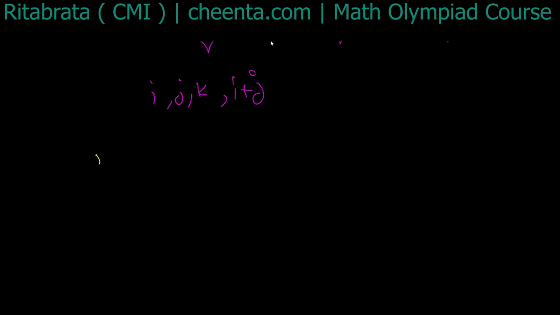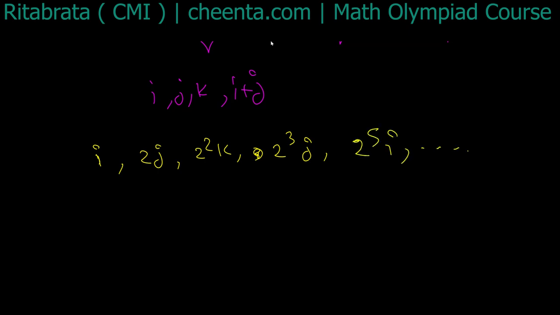determined by I, J and K, like multiples of I, J and K: I have I, 2J, 2 square K, 3 square, some 2 cube J, 2 to the power 5 I in this form. Instead of 2 I can take 3 also, like these are multiples of 3.